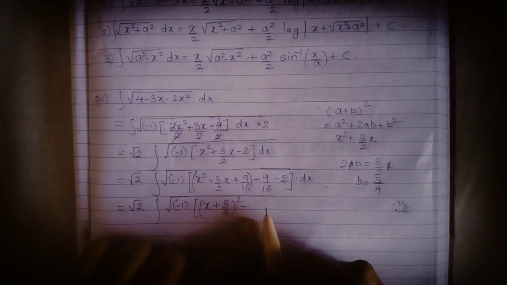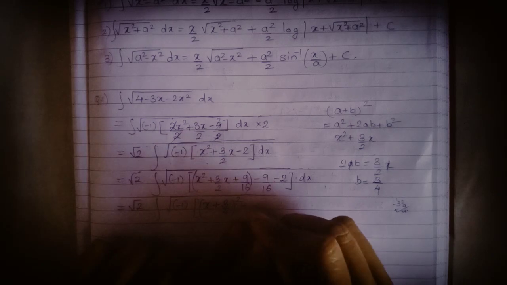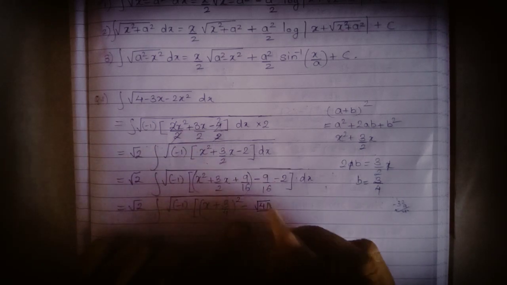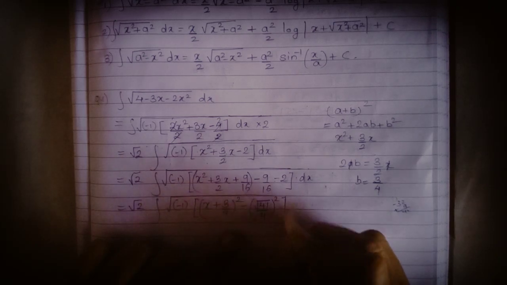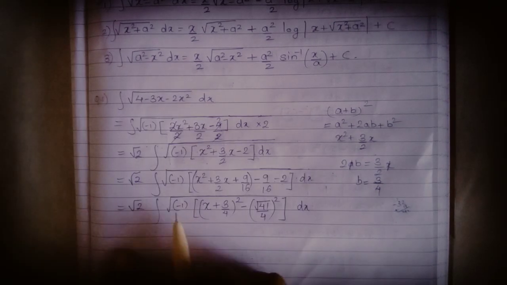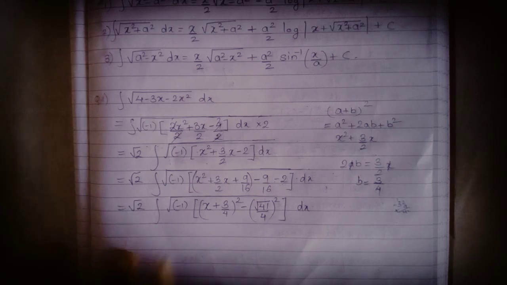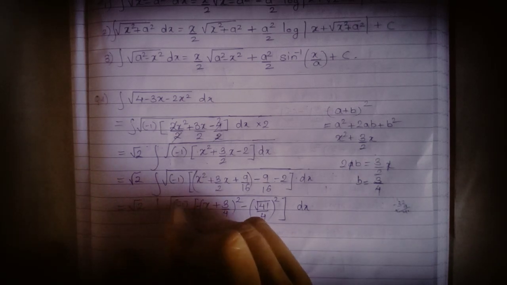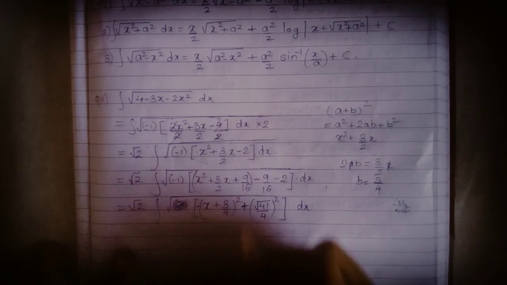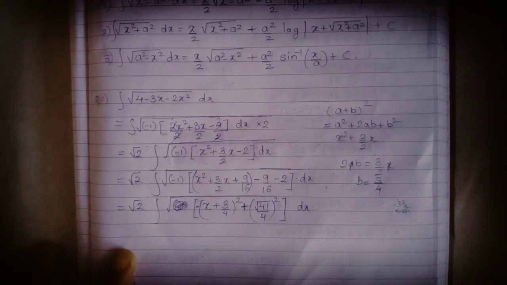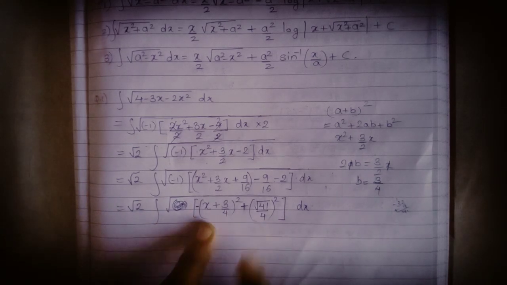So it will be root 41 upon 16, so it will be 4, this square. Now you can take this minus inside, so here it will be minus and here it will be plus. So we have a square minus b square.